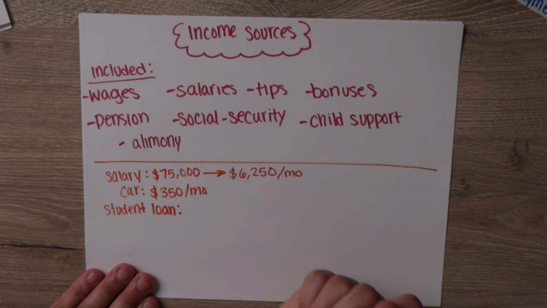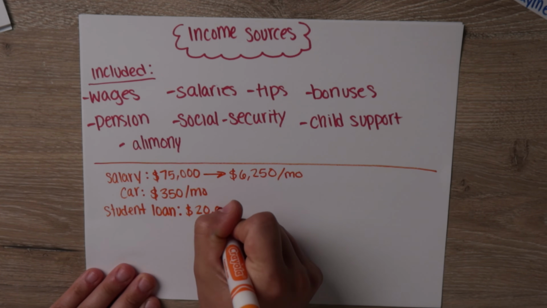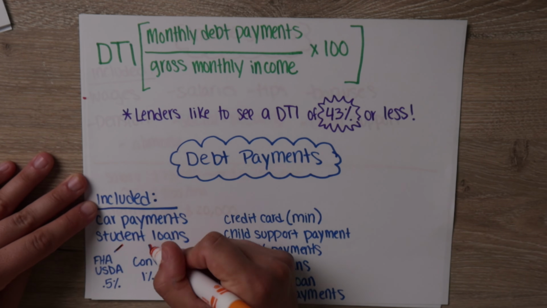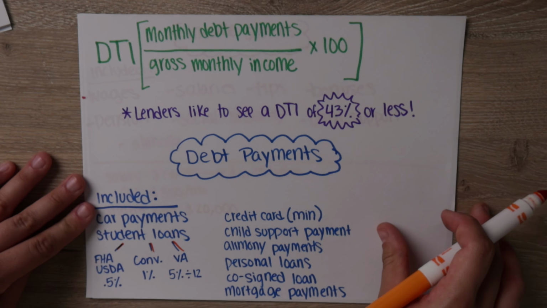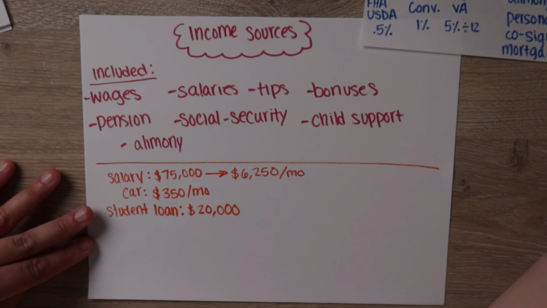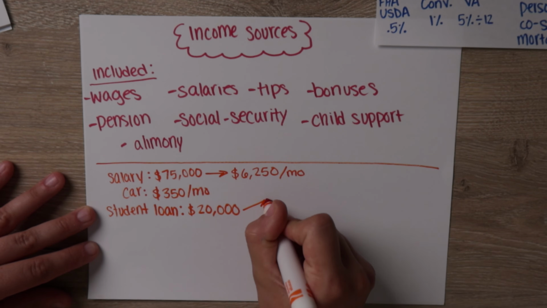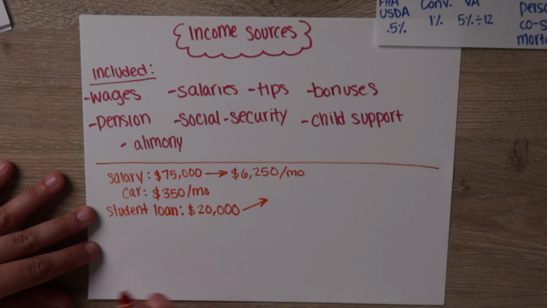Student loan. Let's say my student loan balance is $20,000. Keep in mind, like we talked about before, different loan types are going to treat your student loans differently. So if I were to pursue a conventional loan, that would mean that I would take 1% of my loan balance unless I have a fully amortized repayment schedule.